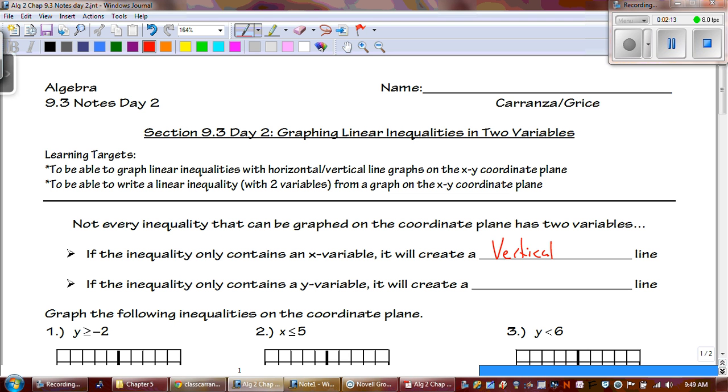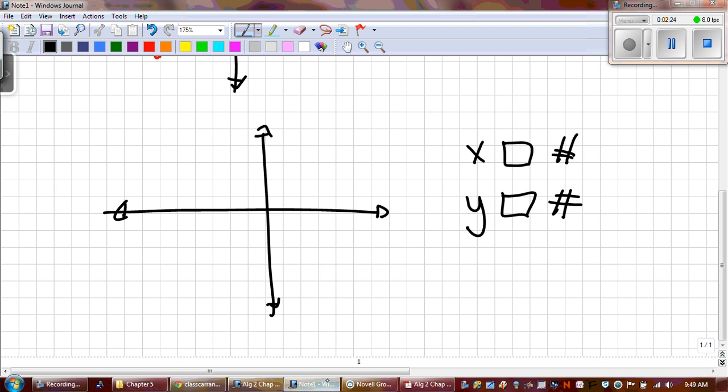If the inequality only contains a y variable, it's going to create a horizontal line. Okay, so if we're looking at this little thing right here, remember x, it's going to be vertical, and y, we're going to have horizontal.